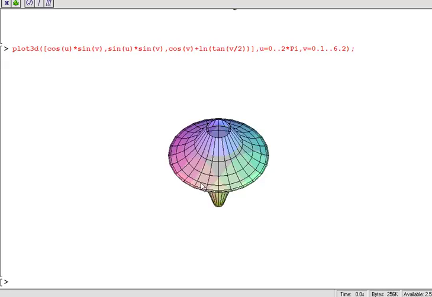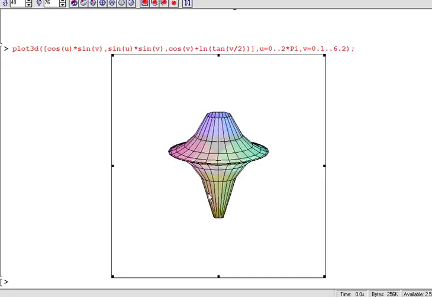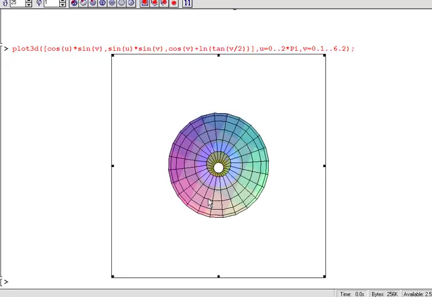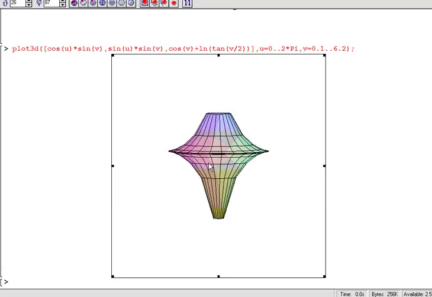Okay, and so we have this shape here. You can see through the middle of it. And let's go back and do some work.